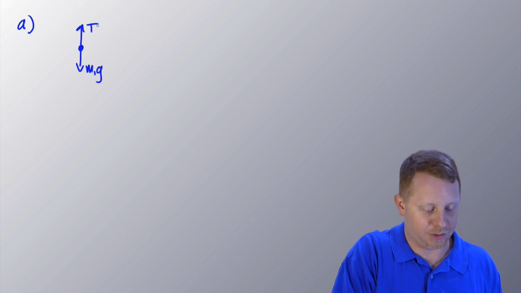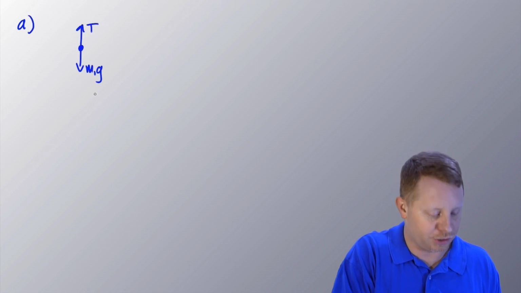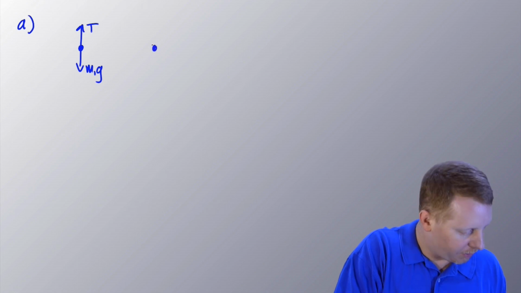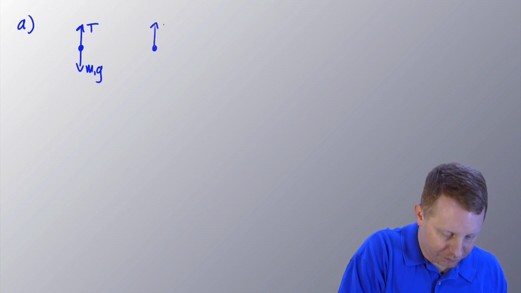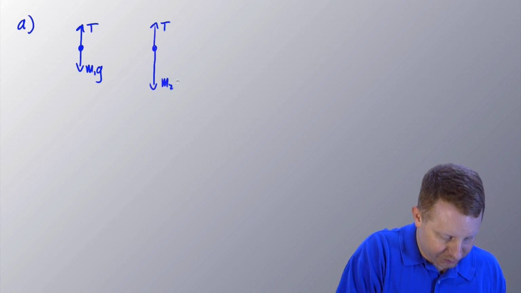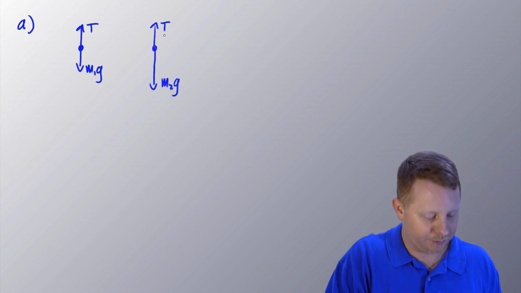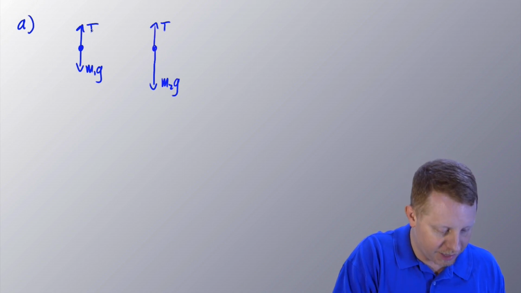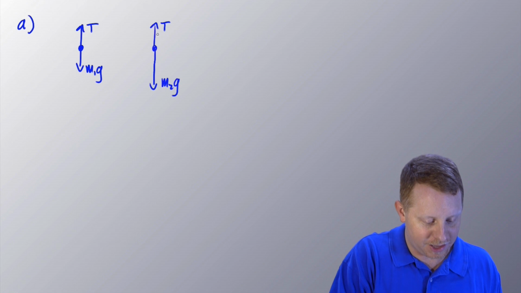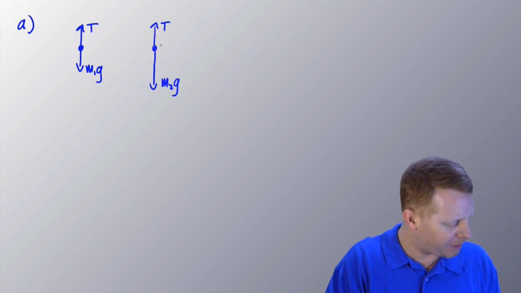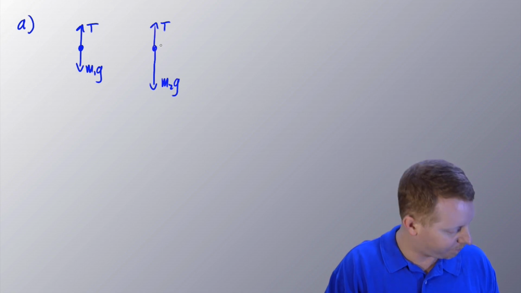And I would expect that we would see T slightly bigger than M1G. For block 2, we will have the same tension, but M2G will be larger than T. So over here, M1G and T is just a little bit larger than M1G. Over here, same tension, M2G significantly bigger than T. So that would be my free body diagram.